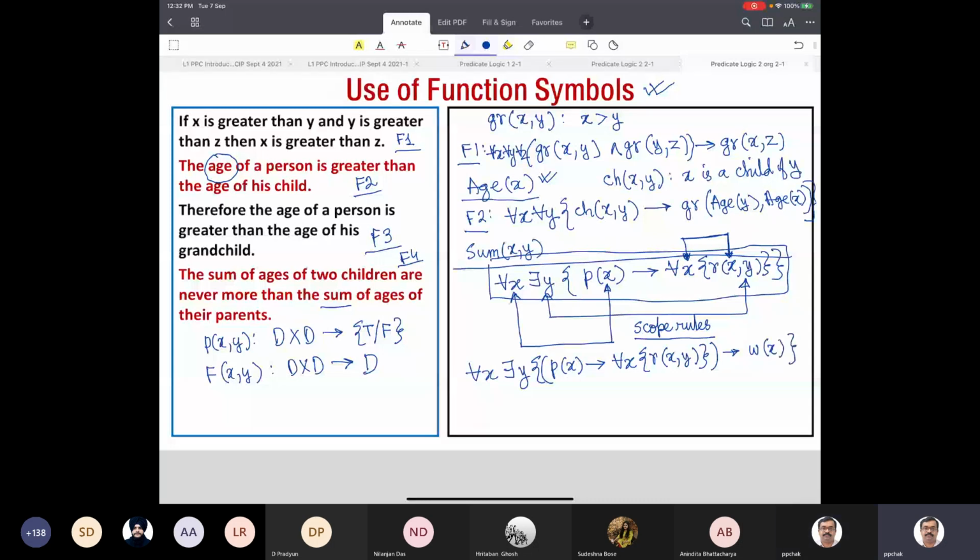Then this x corresponds to this x, this y corresponds to this y, and this x corresponds to this x as well as this x.